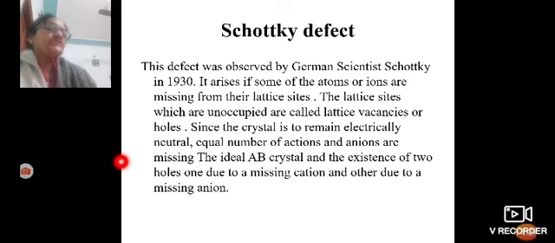First is Schottky defect. This defect was observed by the German scientist Schottky in 1930. It arises if some of the atoms or ions are missing from their lattice sites. The lattice sites which are unoccupied are called lattice vacancies or holes.